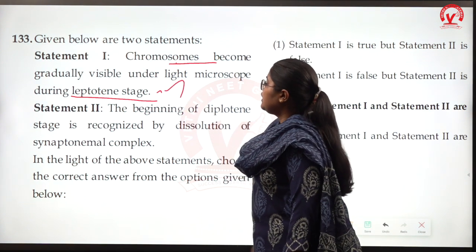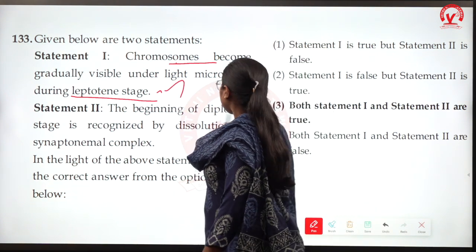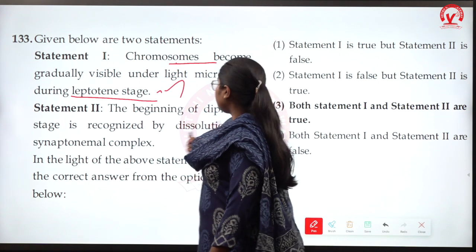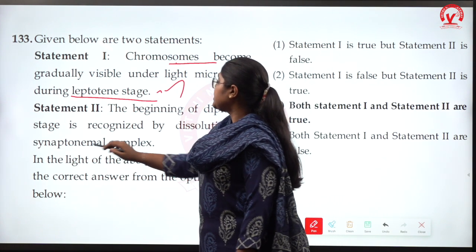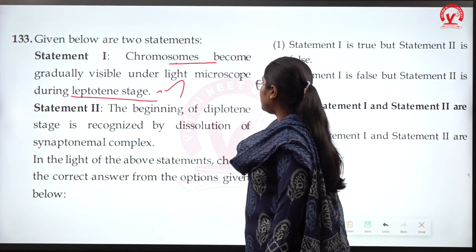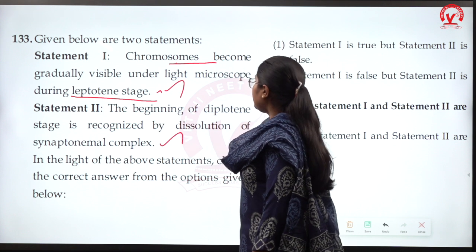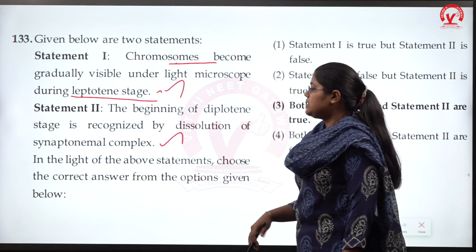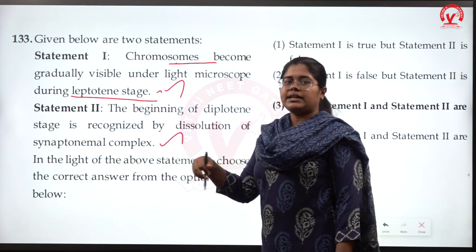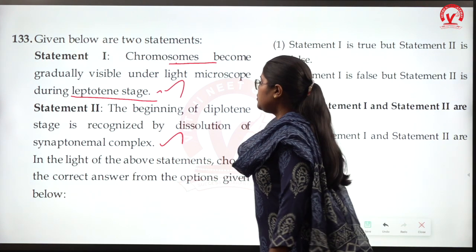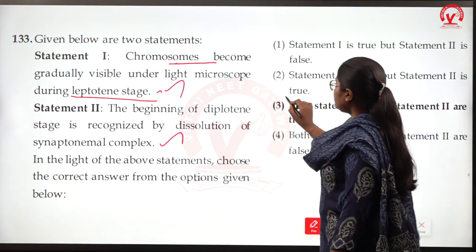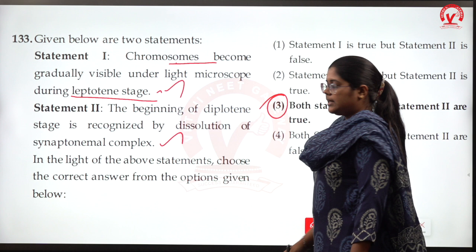It is a correct statement. Next, the beginning of diplotene stage is characterized by dissolution of the synaptonemal complex, they have given. This is also a correct statement because in the diplotene stage, chiasmata are formed by the dissolution of the synaptonemal complex. So both 1 and 2 are correct.